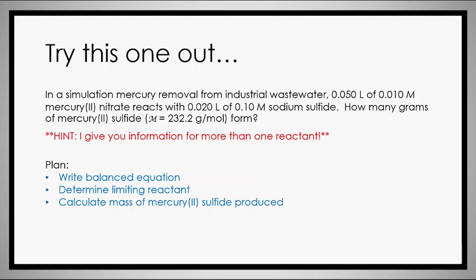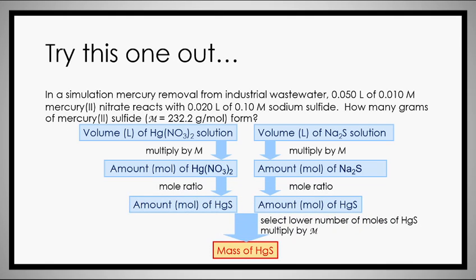This next little picture looks intense, but I wrote it side by side. That's the only reason why it looks scary. Same steps. We have the volume of our mercury nitrate right there. We have the volume of our sodium sulfide right there. We have the molarity of both of them, so we know how to go from volume to moles.